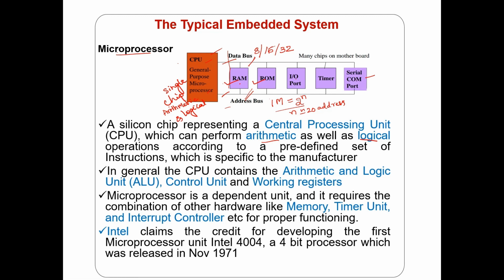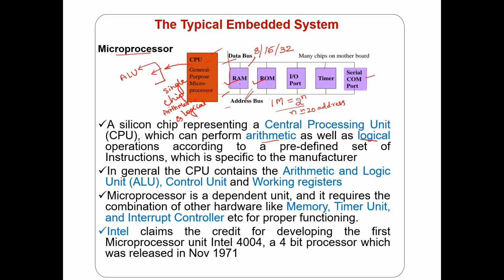When the CPU performs these operations, there will be predefined instructions developed by the manufacturer, and according to those the CPU performs the arithmetic and logical operations. What are the various blocks inside this CPU? It consists of the arithmetic logical unit, which is responsible for the arithmetic and logical operations.